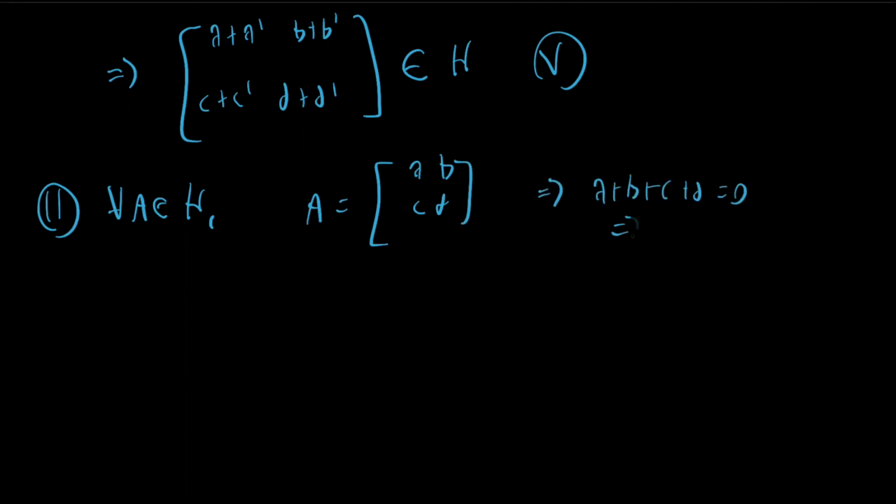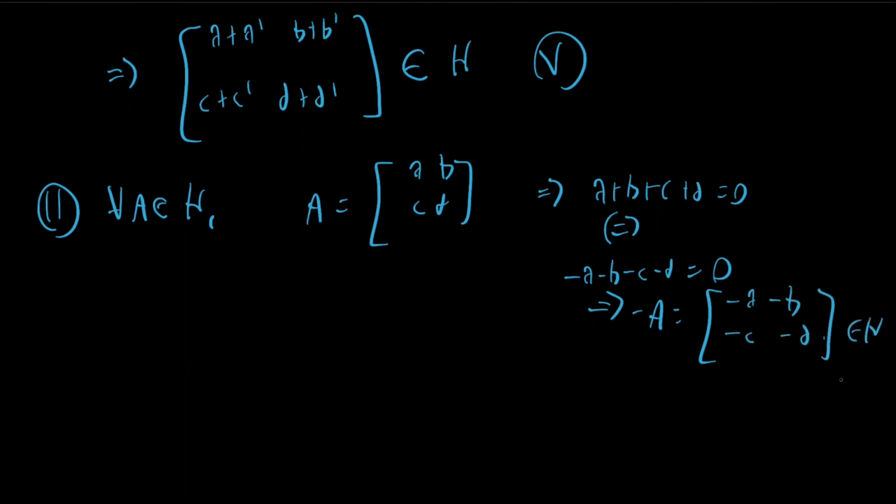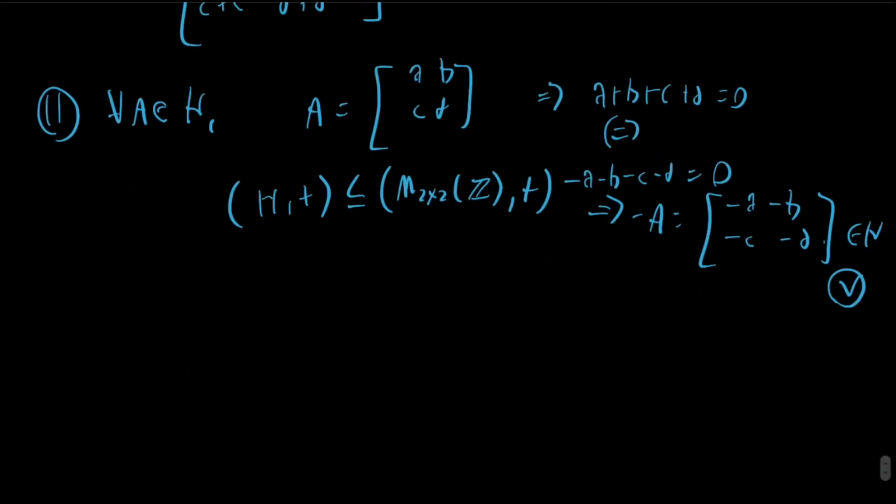Negating this, on the right hand side negating 0 just yields 0, and on the left hand side this yields minus A, minus B, minus C, minus D. But this just implies that the matrix given by minus A, minus B, minus C, minus D is an element of H. In other words, H is a subgroup of the group of integer 2 by 2 matrices under addition. So we have proved this fact.